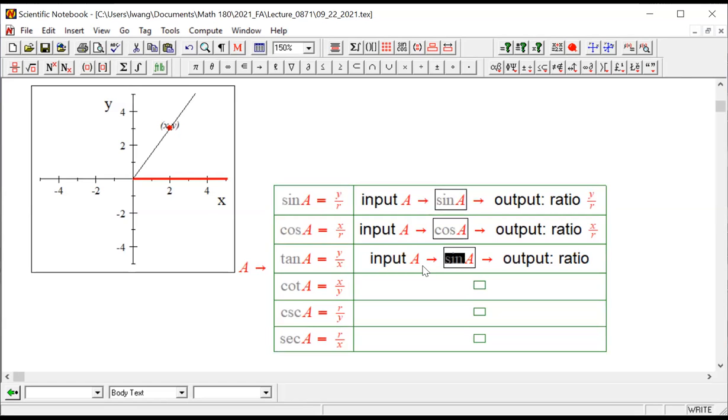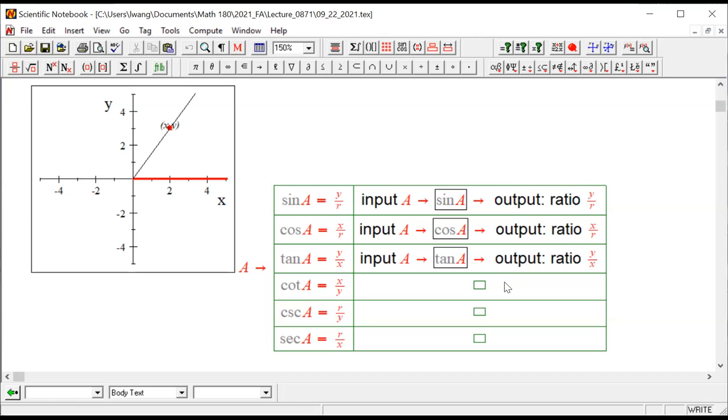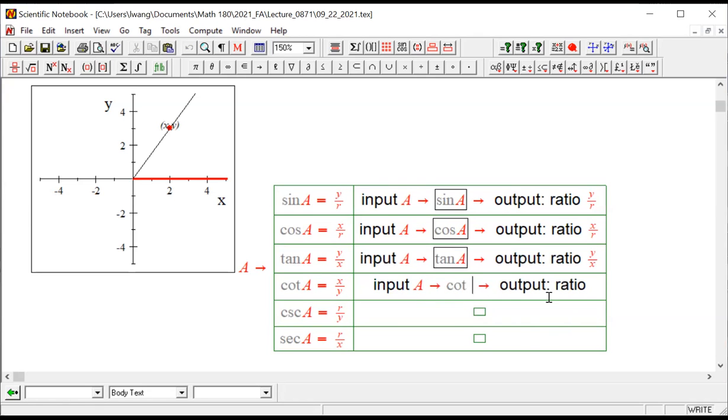For tangent, the output is also a ratio. It's Y over X, right? And what else? Cotangent, right? And the output is a ratio. The emphasis here, I emphasize the nature of the input and the nature of the output.